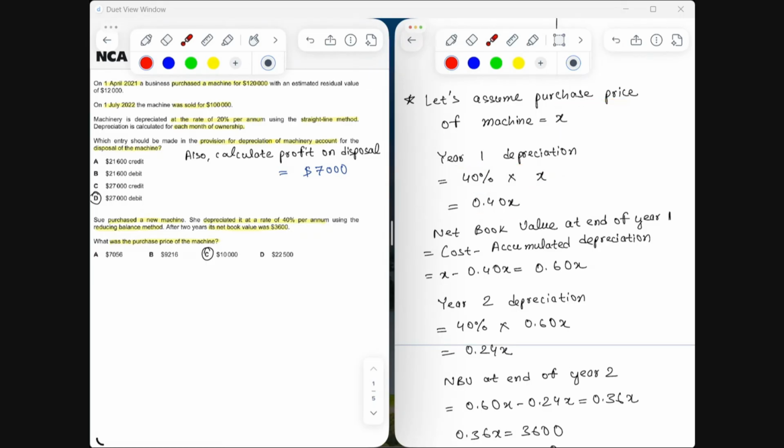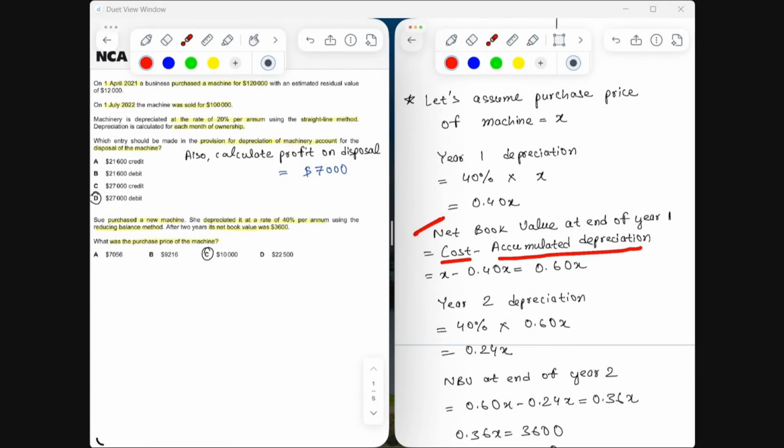Now, because we are using the reducing balance method, we always calculate the net book value or the carrying amount at the end of the financial year, which in this case is to derive the net book value at the end of year 1. And the net book value or the carrying amount at any given point in time is simply the difference between the cost and the accumulated depreciation.